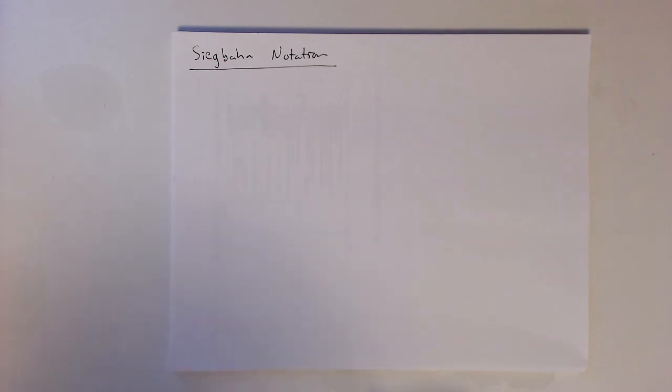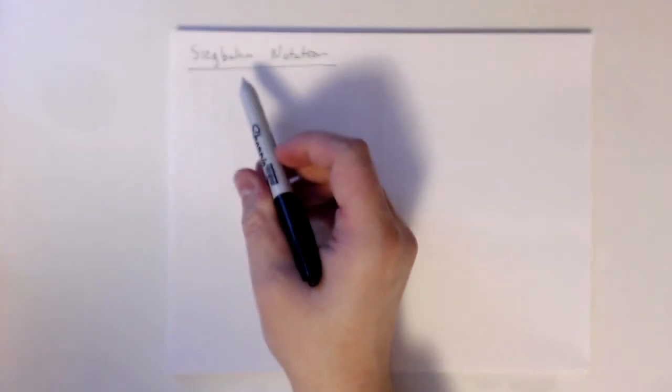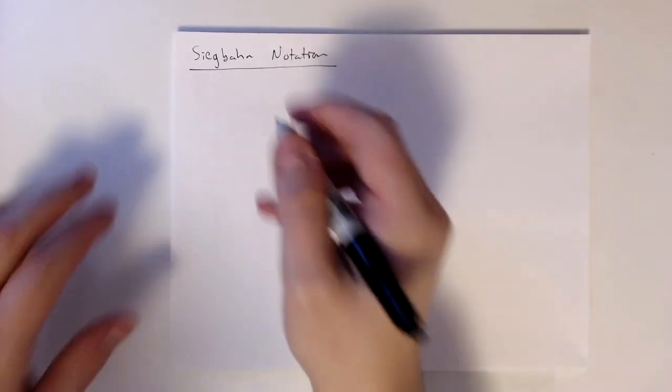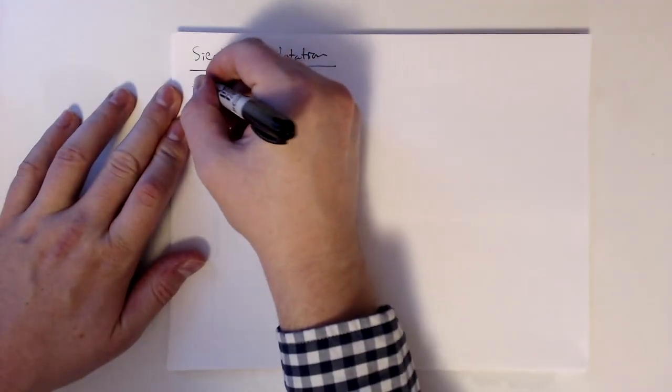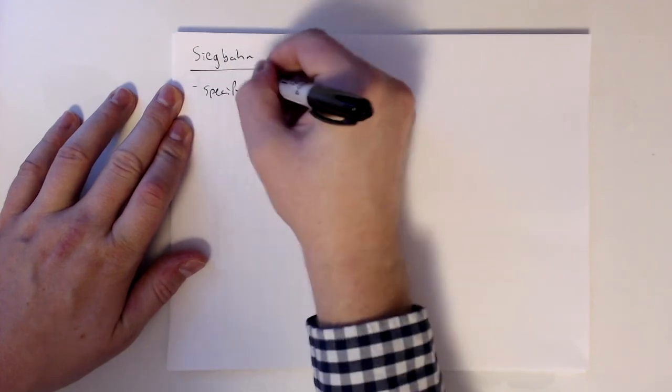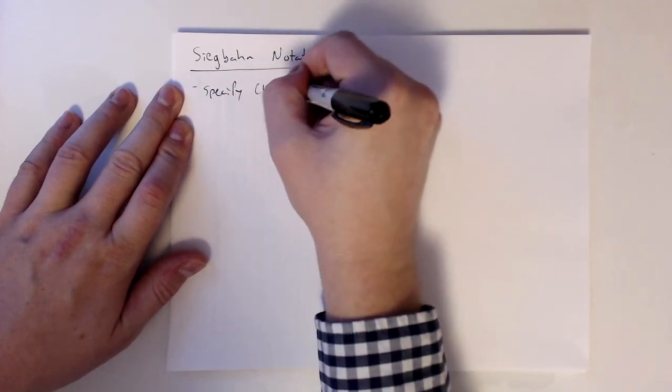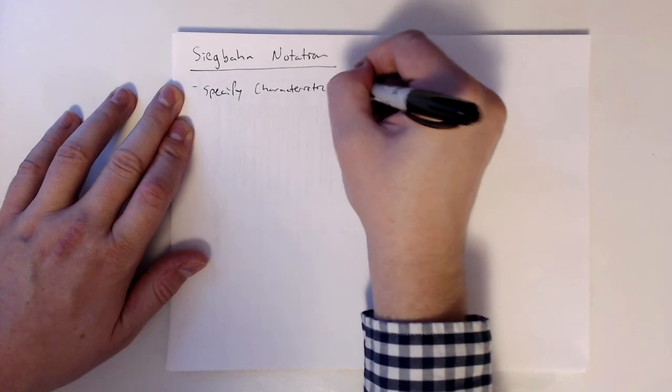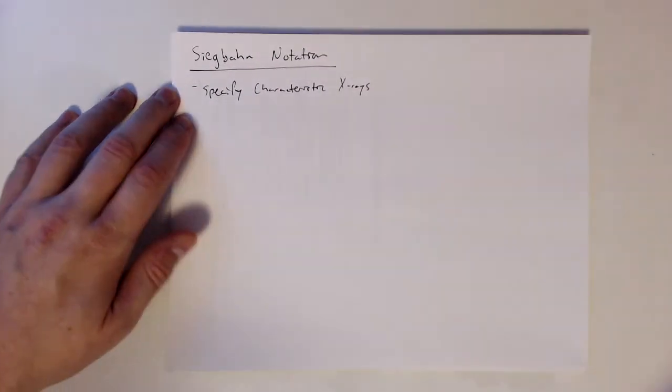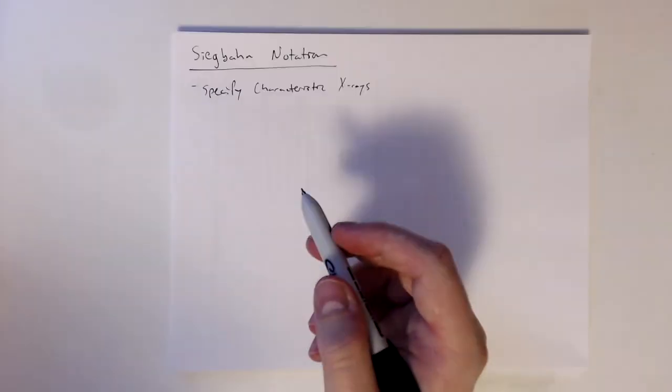Okay, so one last thing I want to mention before we move on is what we call the Siegbahn notation. So this is the notation that we use to specify characteristic X-rays. So in fact, we've already used this when we talked about copper K alpha and so forth.